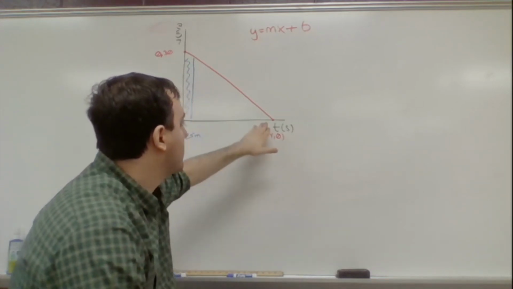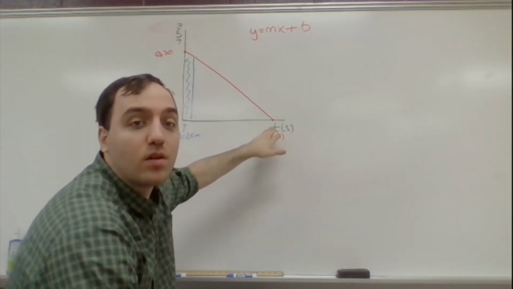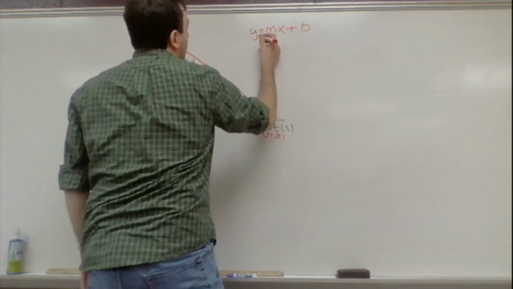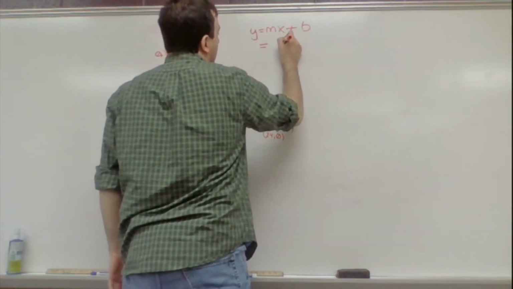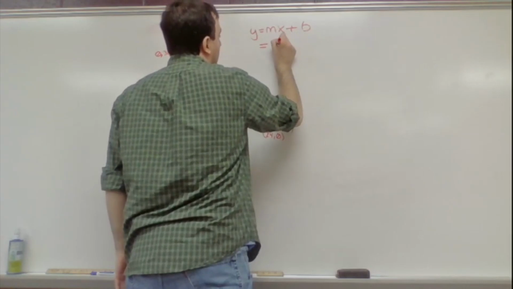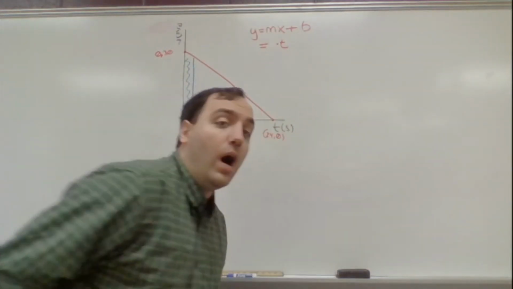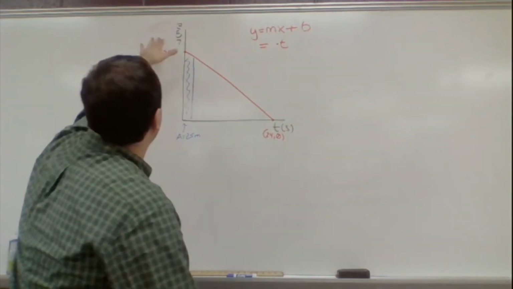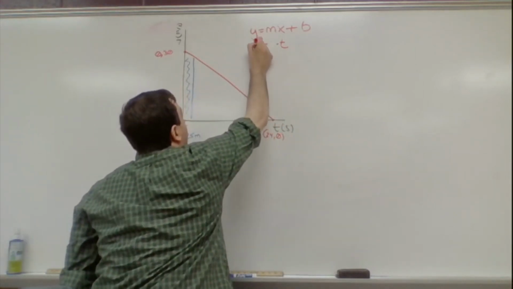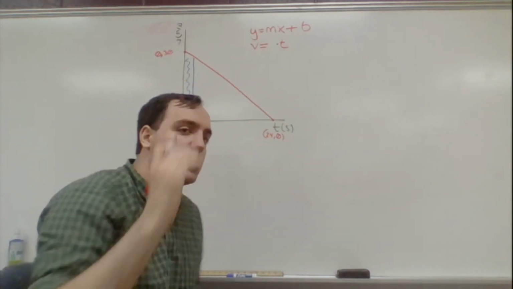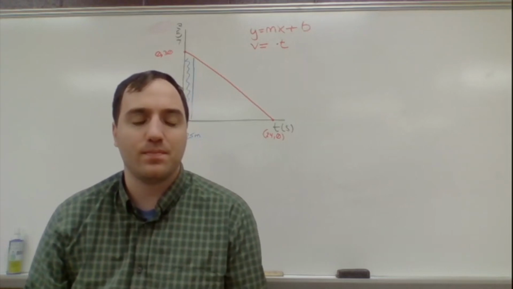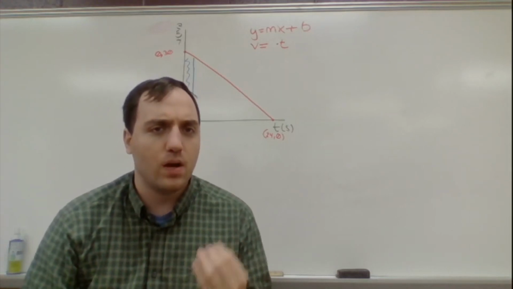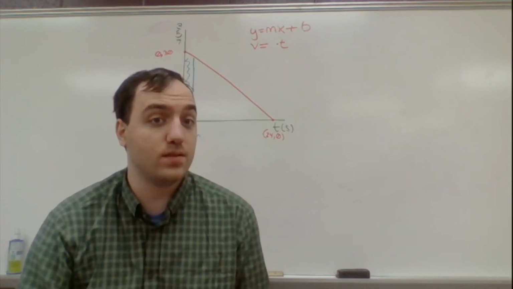Looking at the x-axis, we're measuring t, or time. Looking at the y-axis, we're measuring v, or velocity. That just leaves us our slope and our y-intercept. But we know what our slope is.